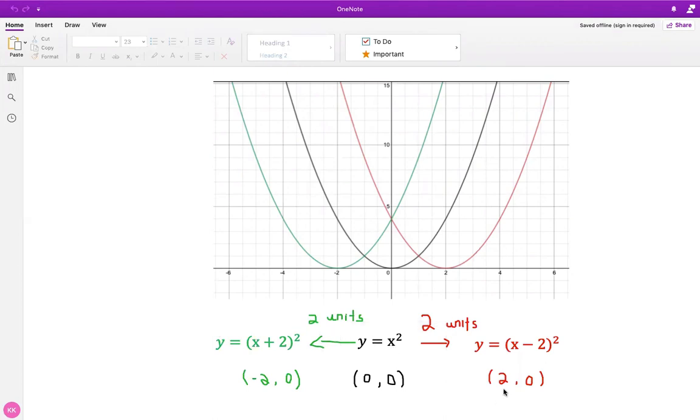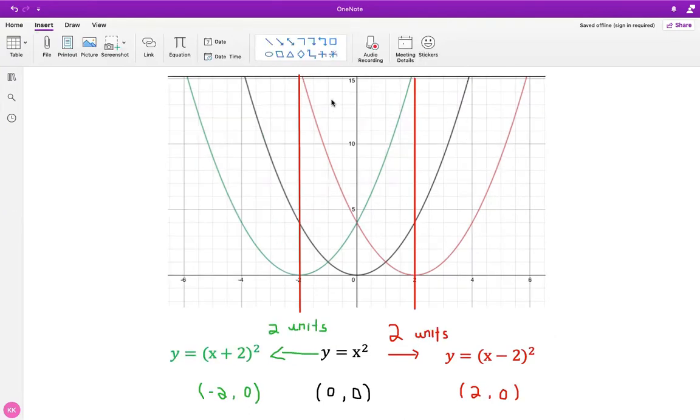The vertex is different when I shift the curve 2 units to the right or 2 units to the left. We have the vertex on the right here at 2, 0. When I shift 2 units to the left, the vertex is at negative 2, 0. So it also affects the axis of symmetry in this situation. How can we find the equation of the axis of symmetry?